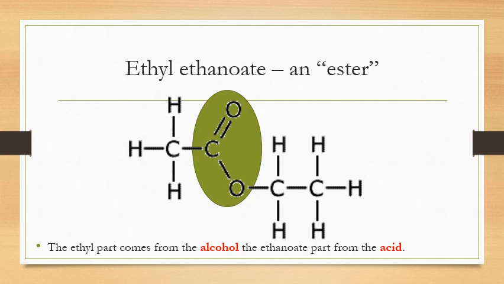Okay, so the functional group for the ester is going to be COOC, right in the middle here, highlighted by this green point. And in terms of naming esters, the ethyl part comes from the alcohol, so the first part comes from the alcohol, and the ethanoate part, the second part of the name, comes from the associated acid.